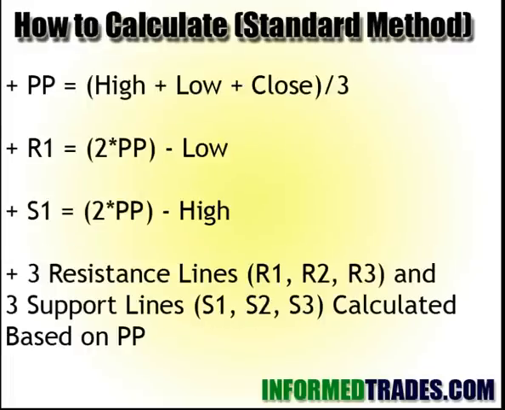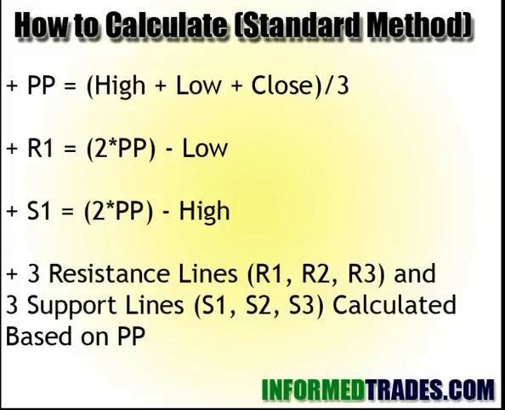How to calculate? Since this is incorporated already in most charting packages, the math isn't that relevant, or you won't actually need to calculate it yourself. But just to review the basic formula, first you'll start by calculating the actual pivot point. You do that by adding the high price, the low price, and the close price of the previous candle, dividing it by 3.